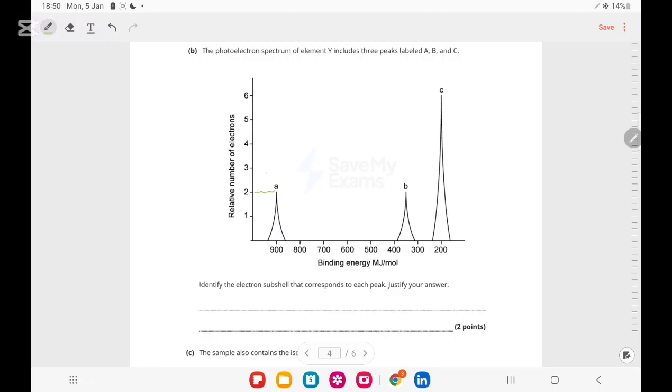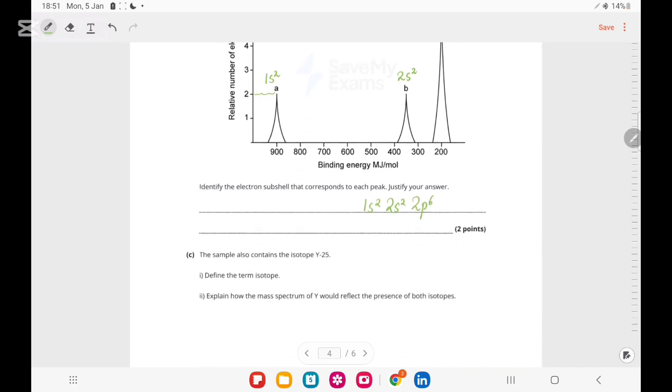So that one would be 1s2. This one would be 2s2. And the one which has 6 electrons is going to be 2p6.